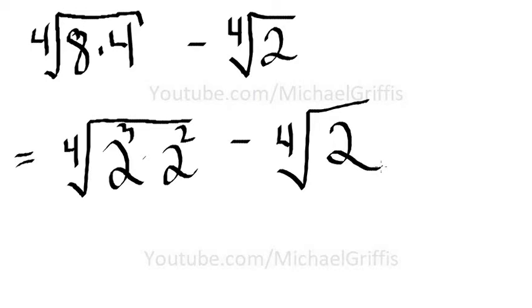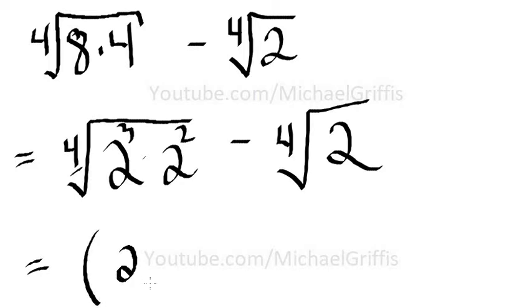We'll have to change over to exponential form here in just a minute. Because we have a 4th root, I think what I'll do now is just convert on over to exponential form.